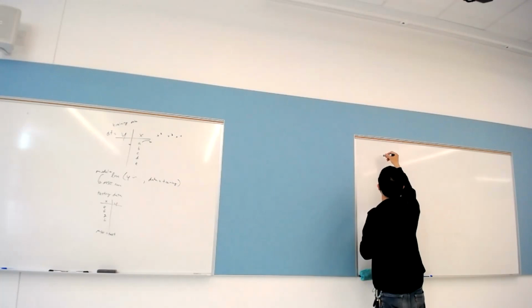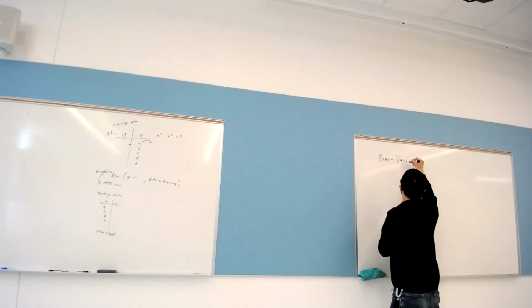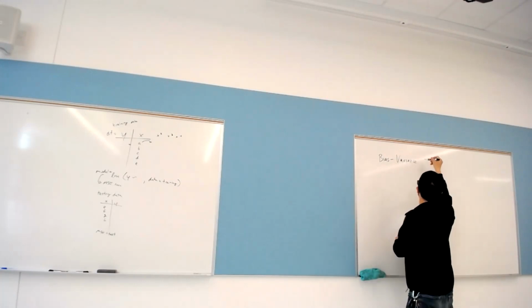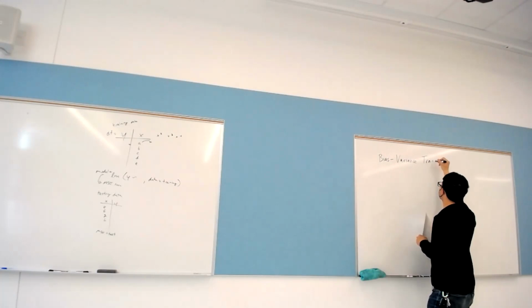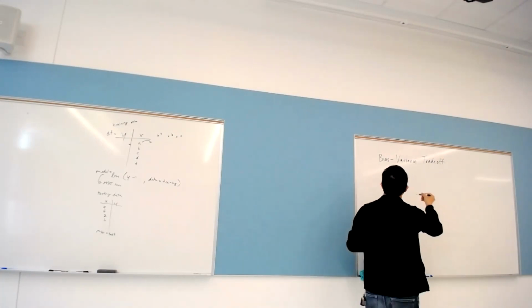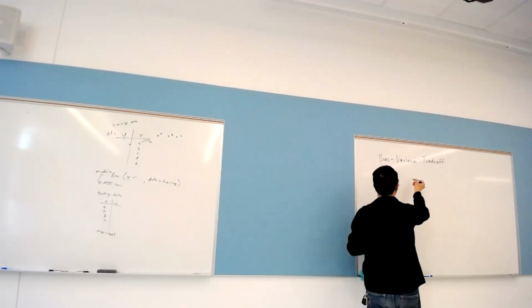But essentially what you're doing is known as a bias variance trade-off. Maybe some of you have seen this type of thing before.